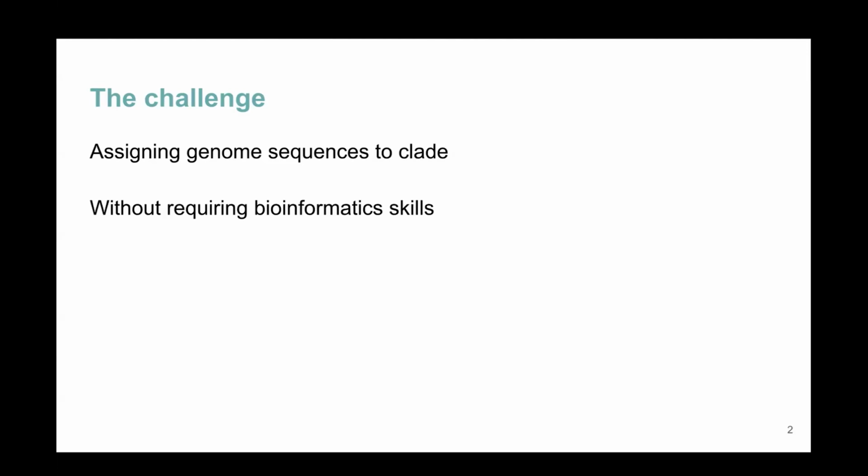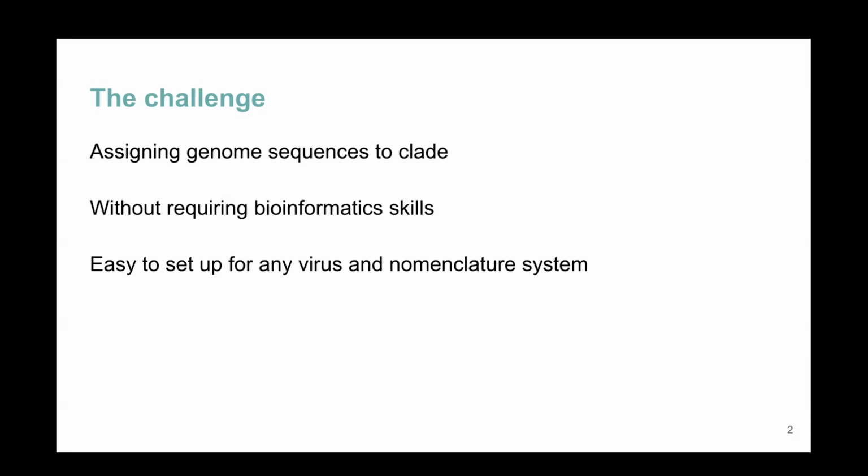And you ideally also want to be able to do that without having to build a tree. In the past, for many systems, you had to build a phylogenetic tree and then dig into reference sequences that might be close. That takes time, which many people don't have, and expertise. So Nextclade tries to address that. And the last point is that ideally you don't want to have to create new software for a lineage scheme.